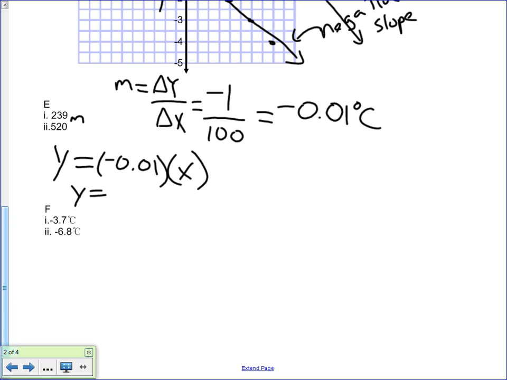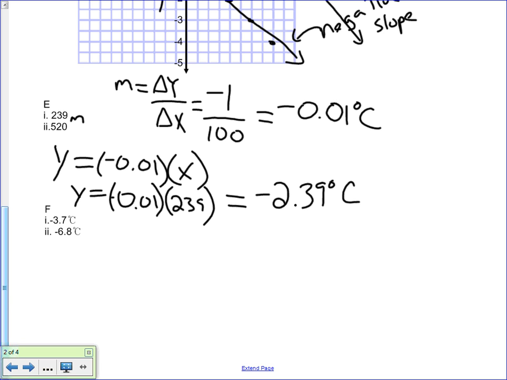To solve for degrees Celsius, I take -0.01 and I multiply it by 239. When I do that, I'm left with -2.39 degrees Celsius.